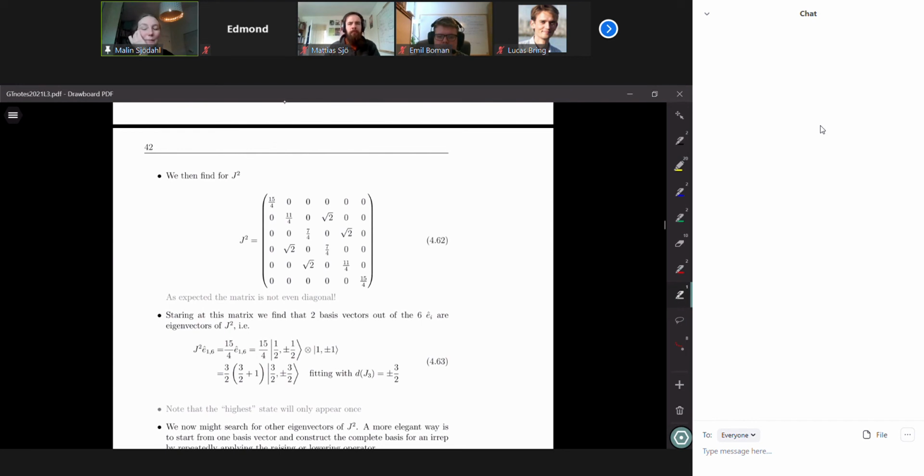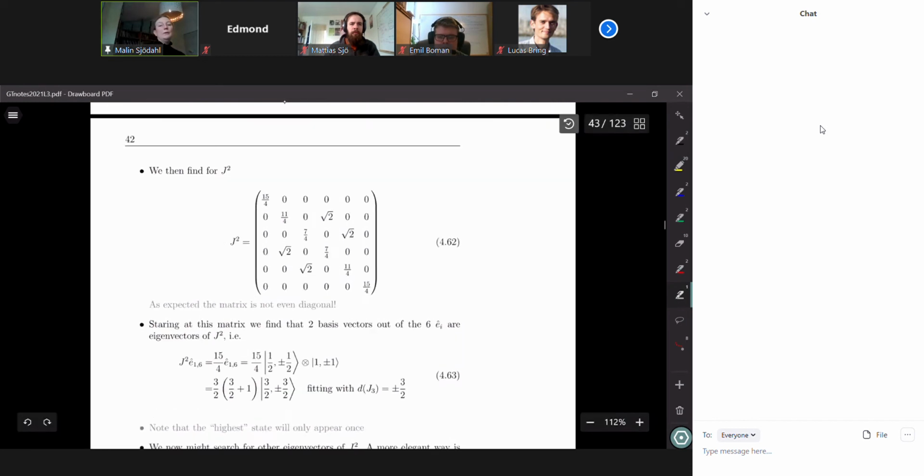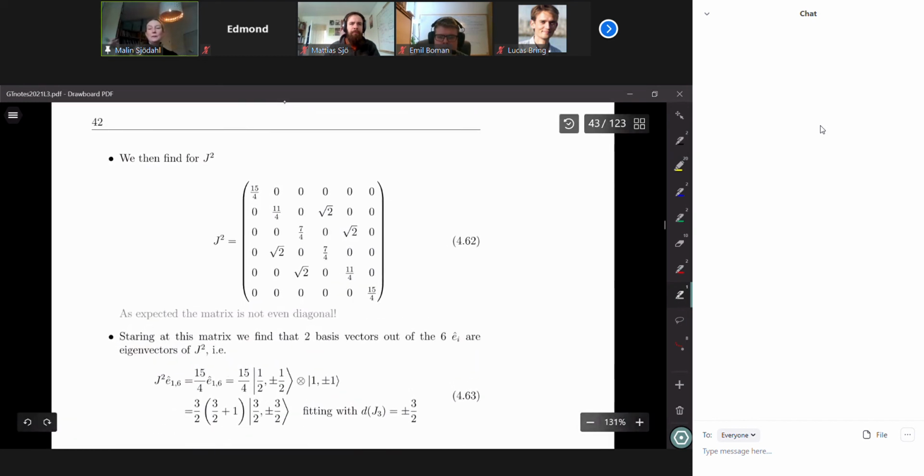The missing detail was that it holds if it is one irreducible representation. So this is not an irreducible representation. On the contrary, we will reduce it to two different representations. And this is the reason why we can have this form of J square. So it's not proportional to the identity matrix, and it's not even diagonal.